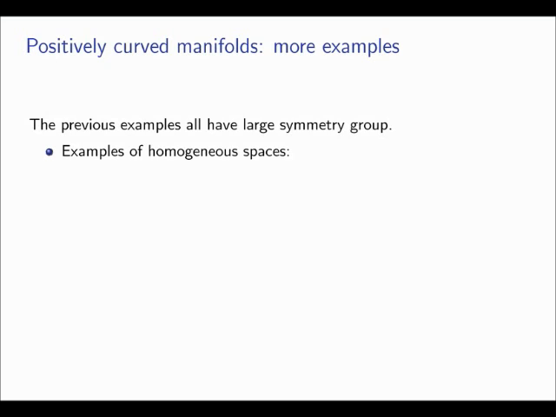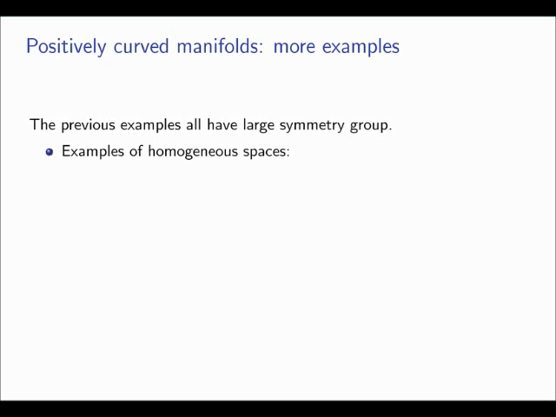So this isometry moves one point to any other point on your manifold. It implies the metric property at this point is the same as at the other points.